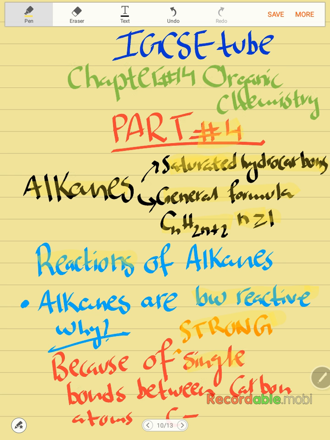And so when the bonds are strong, they're difficult to break in order for the compound to bond with another element. And that's why they're low reactive. Alkanes are considered low reactive because of the strong single bonds between the carbon atoms and the difficulty of breaking them in order for another element to bond with the compound.